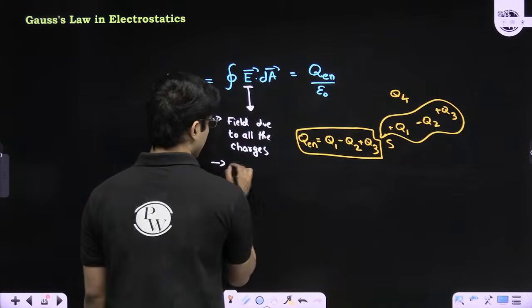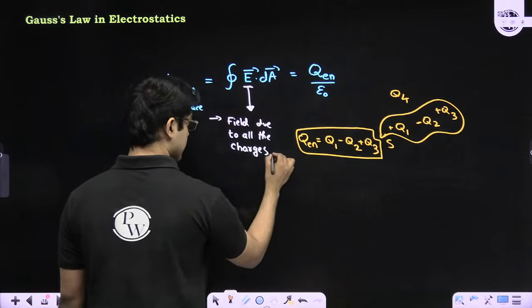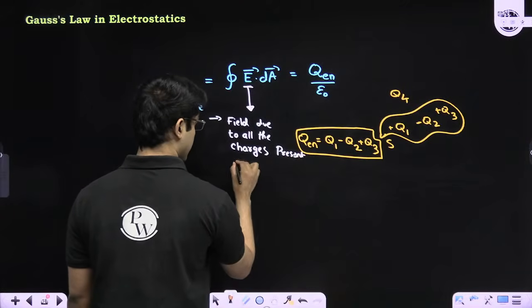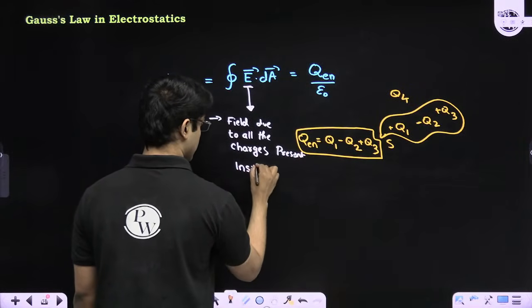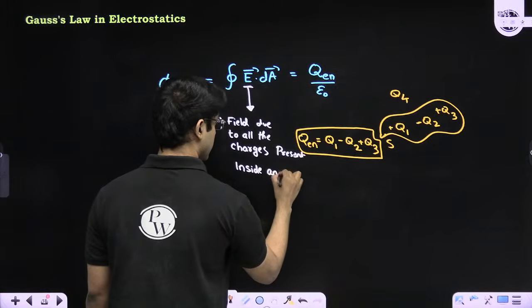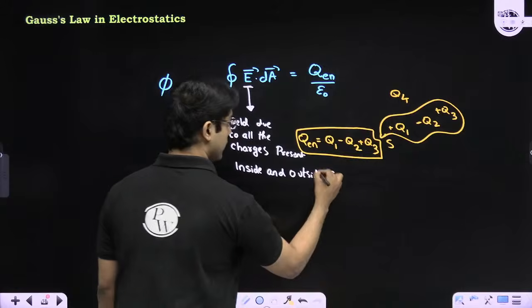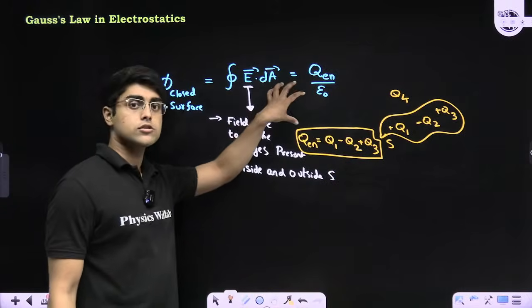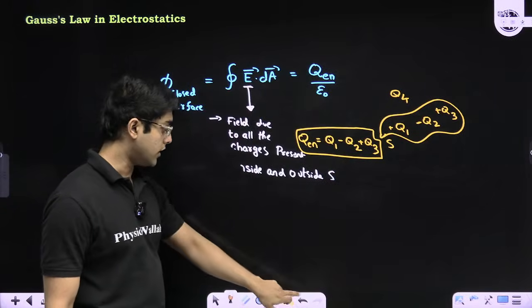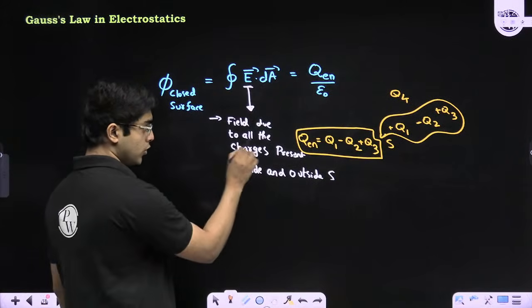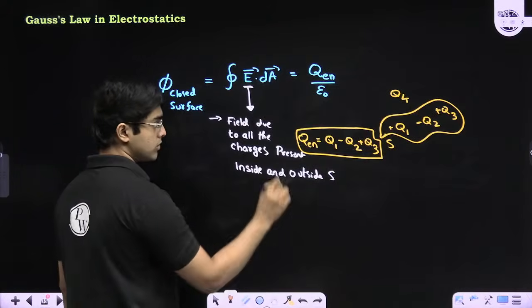So in the Gauss law, the left hand side E dot dA, here the electric field is due to all the charges present inside and outside S.